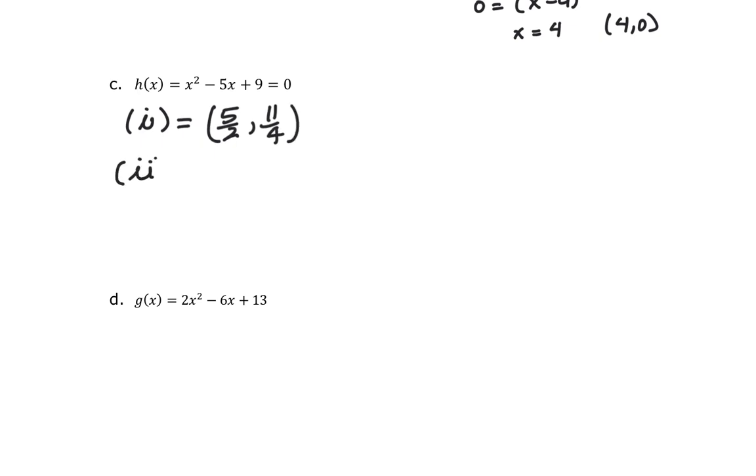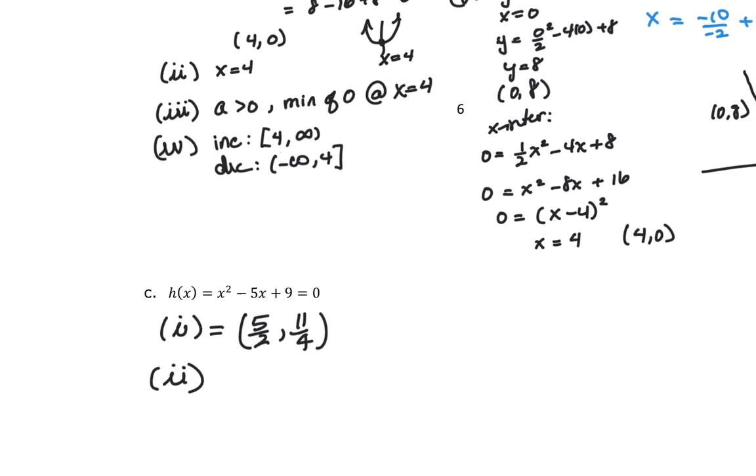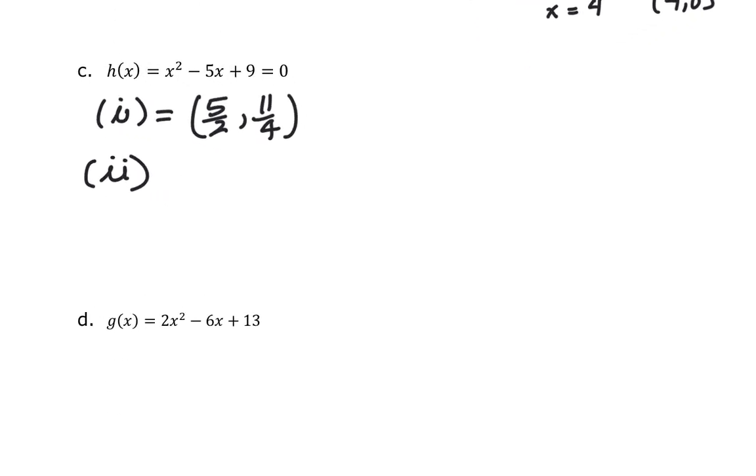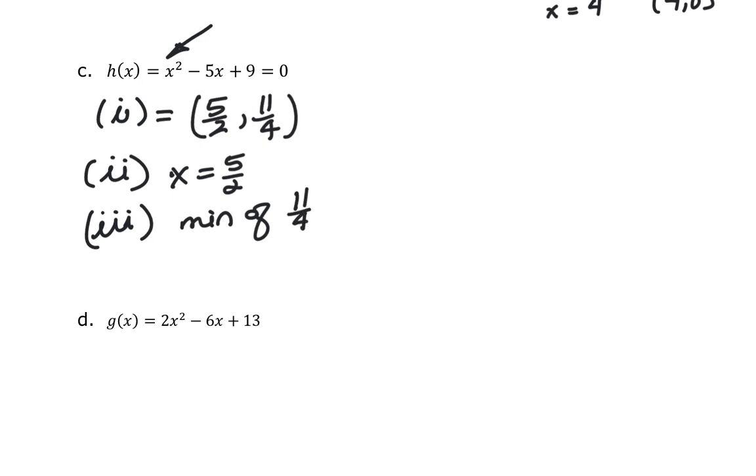Question number 2, they're asking for the axis of symmetry. X is equal to 5/2. The third part, where they're asking for the max or min, the leading coefficient is positive, so you're going to have a min of the k part, which is 11/4, at the h part, which is 5/2.